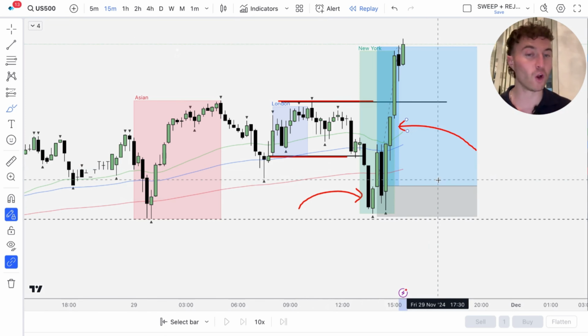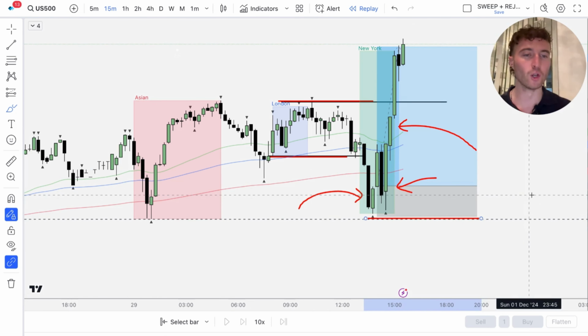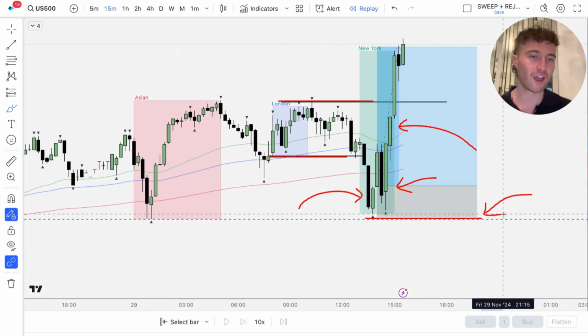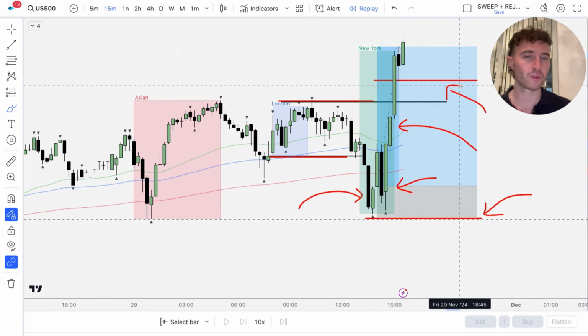Then we understand this is the risk that I'm putting on the table, this is what I'm going to lose if it hits my stop loss, and this is what I'm looking at gaining if it hits my take profit. Everything is mapped out ahead of time, so we're front running what we're expecting to take place within the market.